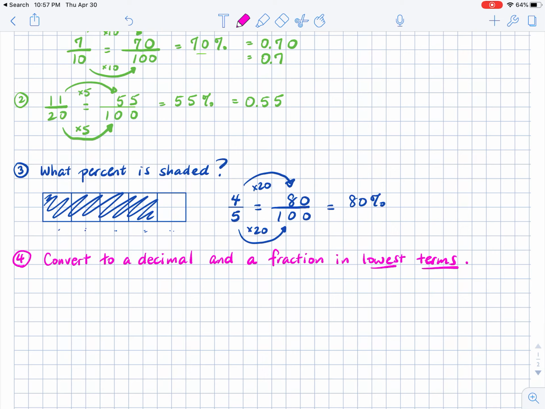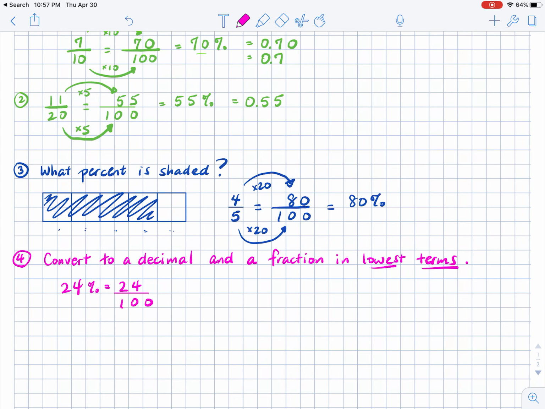Okay. So say, for example, you were given 24%. And you were asked, convert 24% to a decimal and a fraction in lowest terms. I know that 24% as a fraction, because percent already means per 100, is automatically going to be 24 over 100.